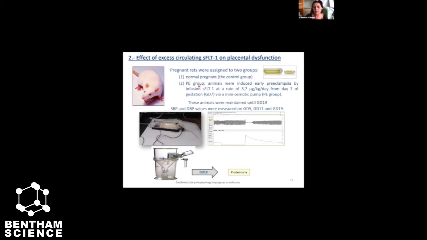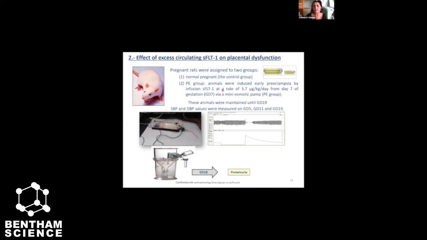This group was made up of animals in which early preeclampsia was induced by infusing sFLT1 at a rate of 3.7 micrograms per kilogram per day from day 7 of gestation via a mini osmotic pump. This is the preeclamptic group.